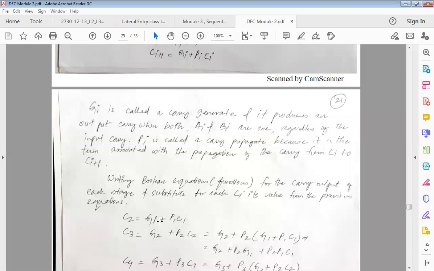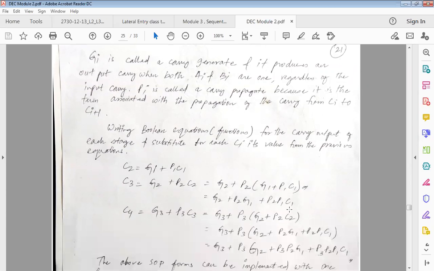So the same thing I bring down, G1 plus P1 C1. The next thing that happens is the normal multiplication between these two terms, right? So you have P2 G1 plus P2 P1 C1, right? So you get a final equation for C3.